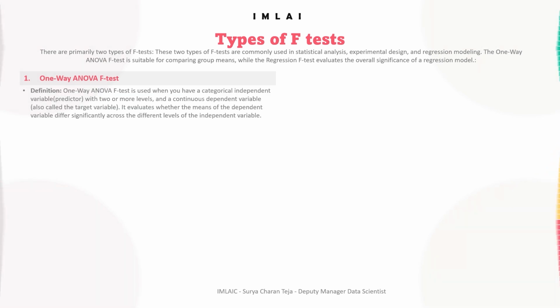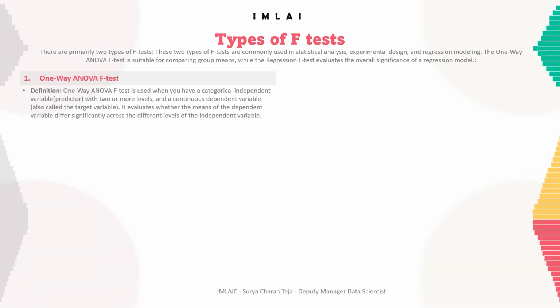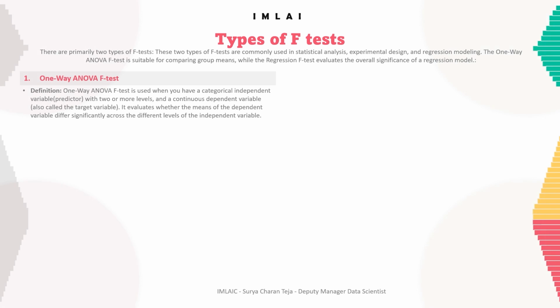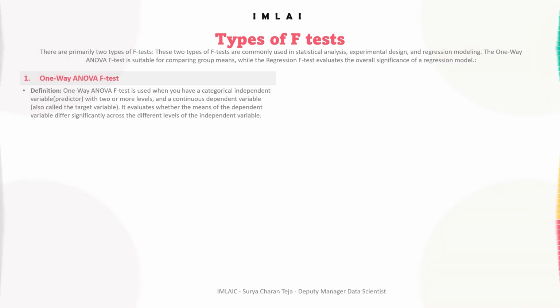Now let's look into the applicability. The one-way ANOVA F test is applicable to data that involve multiple samples or groups. It compares the variability between the group means to the variability within the groups to determine if there are statistically significant differences among the groups.